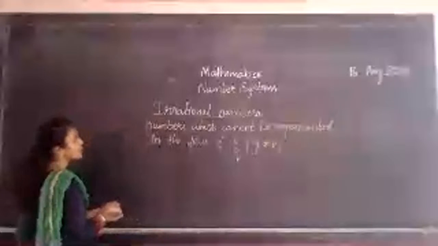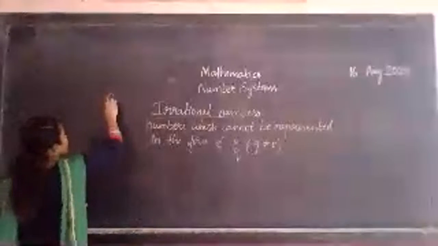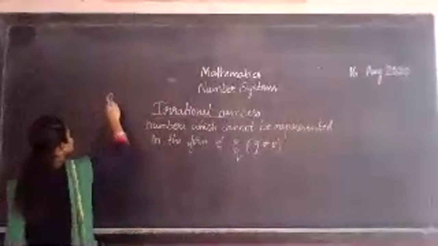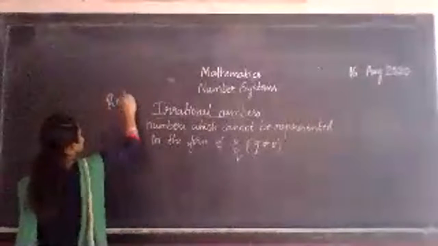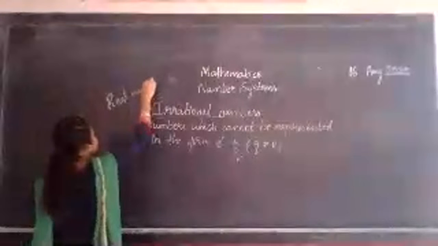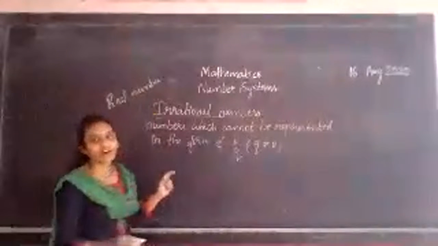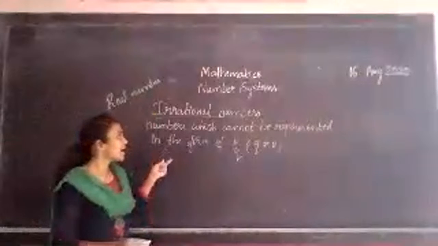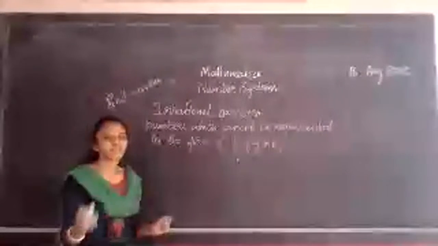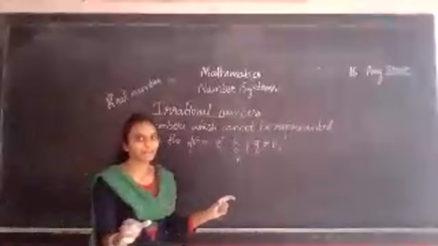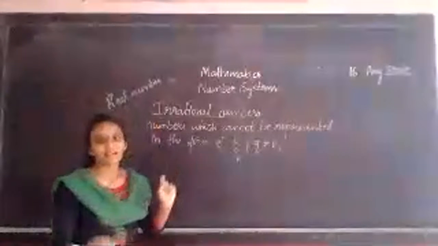Now I am going to tell you another concept called real numbers. What is a real number? A real number is the combination of both rational and irrational numbers. If you join both rational and irrational numbers, then it becomes a real number.